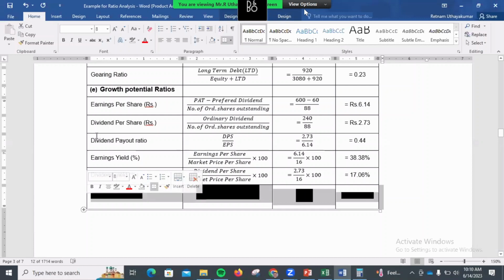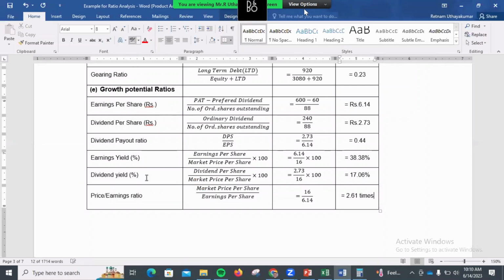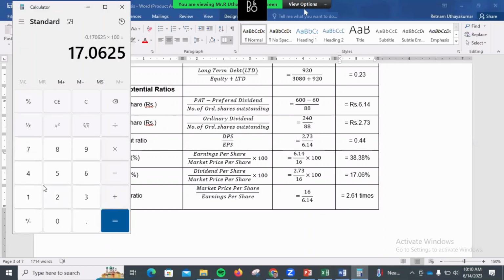Then one more, that is the price earning ratio. Price earning ratio should be calculated as the market price per share over earnings per share. Market price per share, you know, is 16. Earnings per share you have calculated. Then the result would be 16 over 6.14.